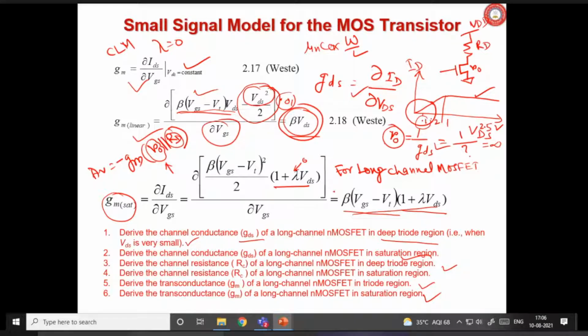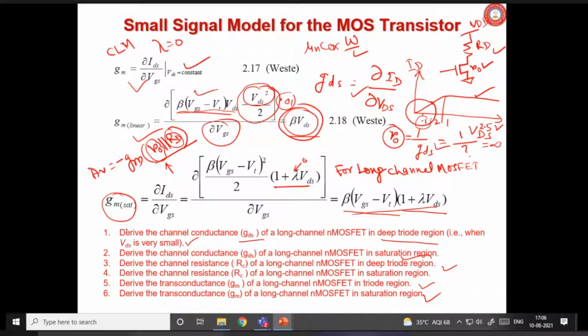Understood? The RO is considered for taking into account the CLM. So these two, RO and RD, come here for calculation of AV, the voltage gain. We'll be discussing the voltage gain of the CS amplifier in the future course. You might have studied it in a previous course also.